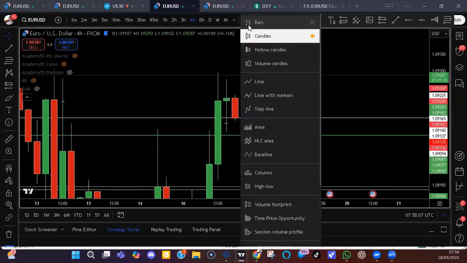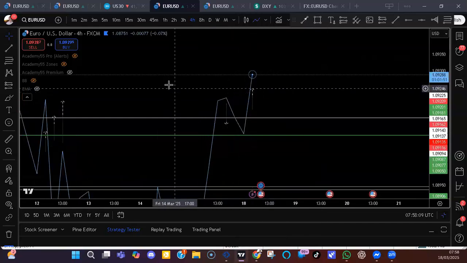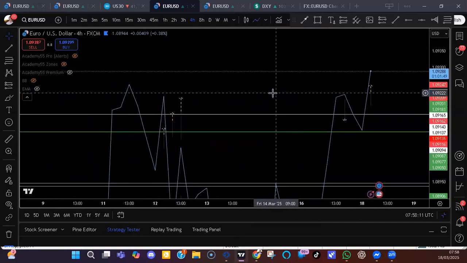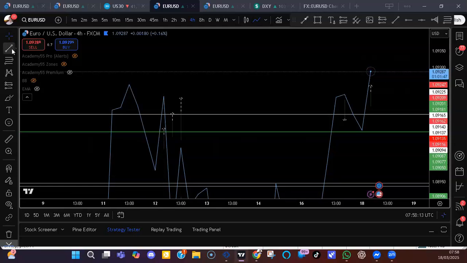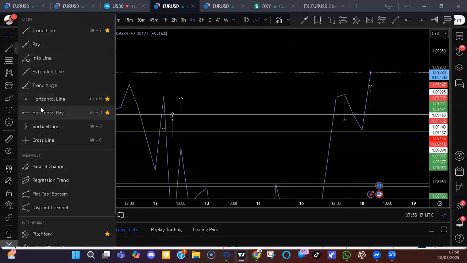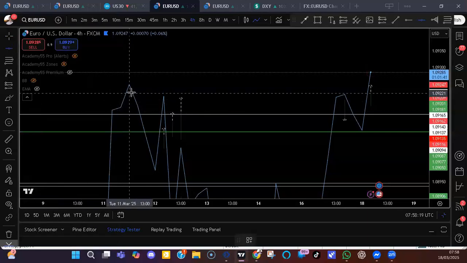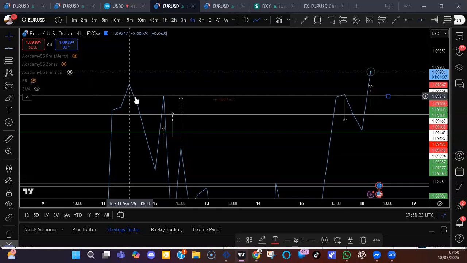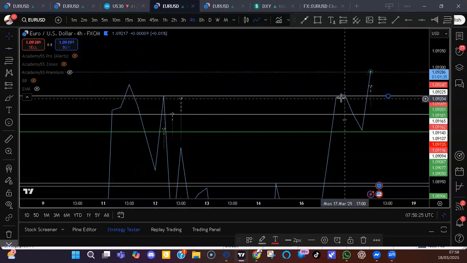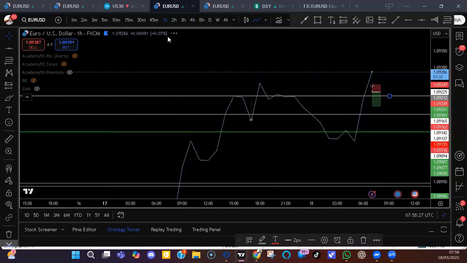Put it quickly on the line chart. We've got a good point of interest there, look. There's a point, there's a point. Put it down to the hourly.